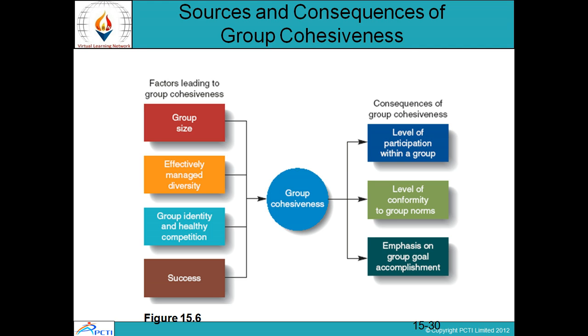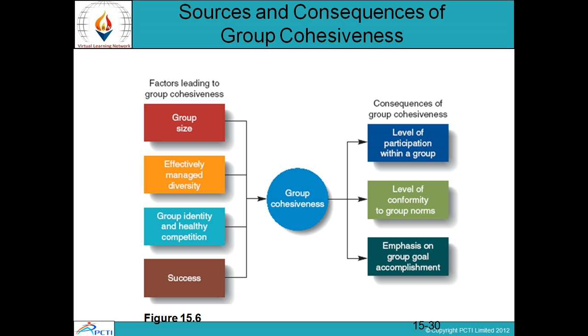There are different sources and consequences of group cohesiveness. There are different factors which lead to group cohesiveness, which include group size, effectively managed diversity, group identity and healthy competition, and success.